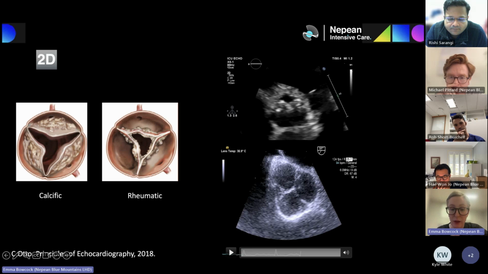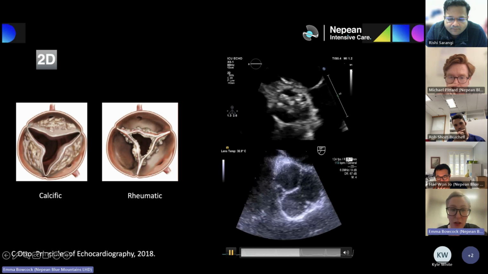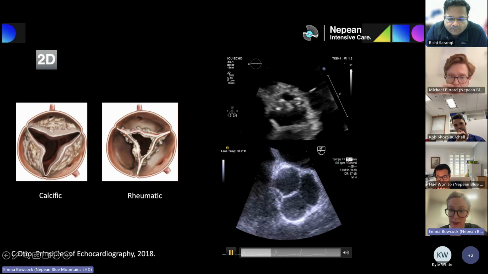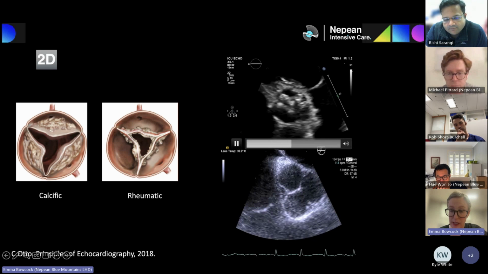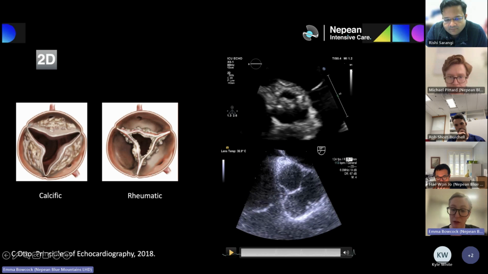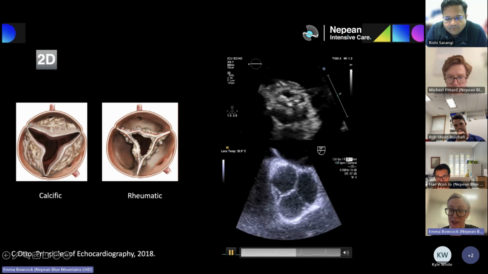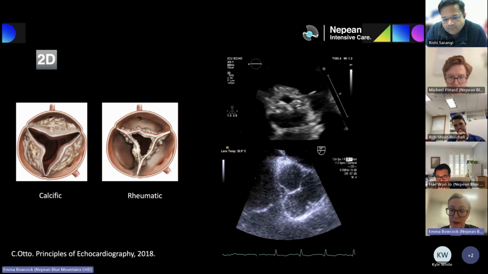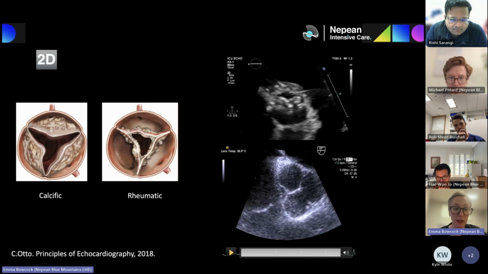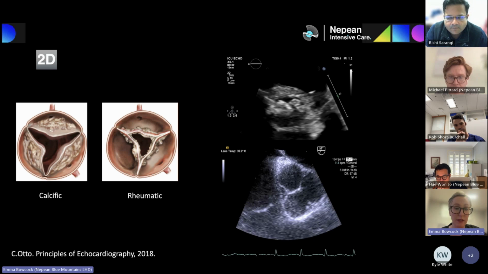For the valve at the bottom, we talked about this last week, so I'm not going to go too much into the normal anatomy, but that's a normal valve, isn't it? So this top one's with TTE, this one's with TOE, and as I said, that normal valve area is about 3 to 4 centimeters squared, nice thin leaflets, tricuspid, and yes, you can see the clear difference there between those normal and a calcific valve.